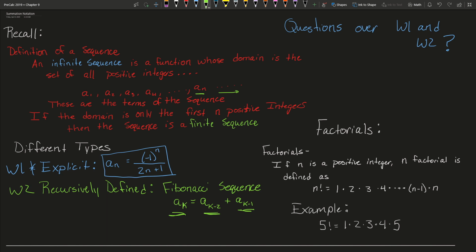W1 was over explicit sequences where there was a specific pattern and you just had to fill in the blanks. And then W2 was over recursively defined sequences, which we'll get into here in a second. So before we go into that, are there any questions about what's on your screen?